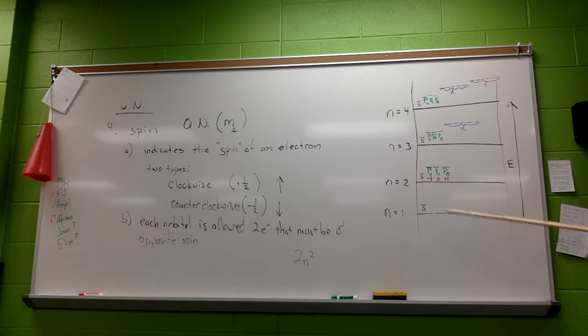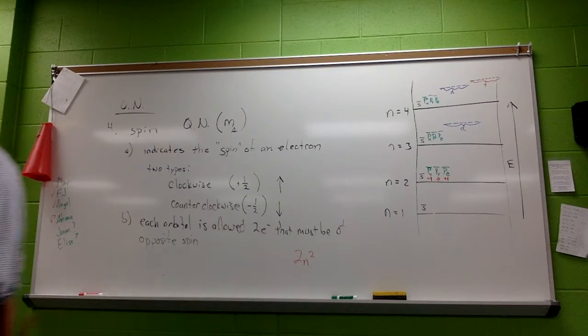What was the example I had given up there? I said n equals 2, l equals 1, m sub l equals 0, right? I'm telling you right now, that element was either nitrogen or neon. Because we're at n equals 2, l equals 1, which puts us in a p orbital, right?